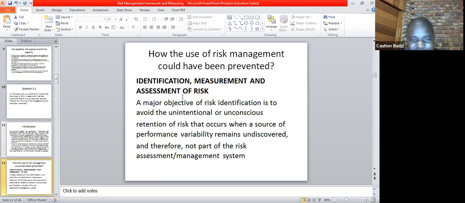So if we look at risk management as a suggested solution to this disaster, we should look at risk management in a holistic way, where we view the risk management process from identification to control and review. The whole process was supposed to be taken into consideration.